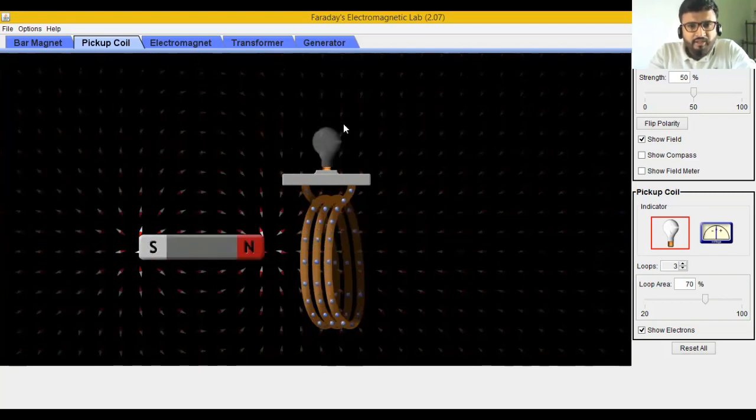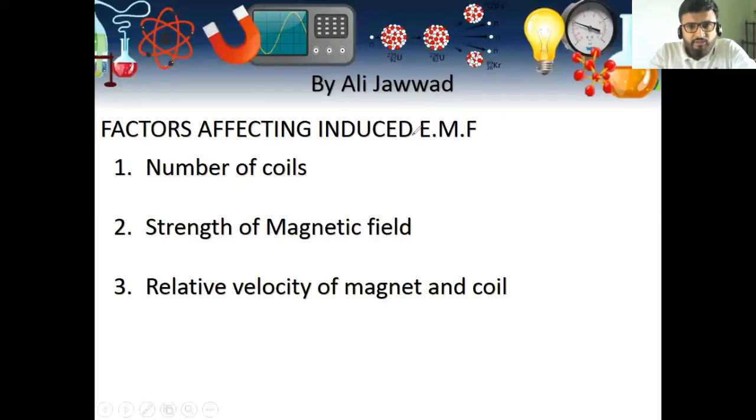So we have seen that the induced EMF is directly proportional to the number of coils, because as the number of coils increases, the induced EMF increases. The same goes for the magnetic field and the relative velocity of the magnet or the coil, because one of them might be moving and one will be stationary. So these factors can affect the induced EMF.